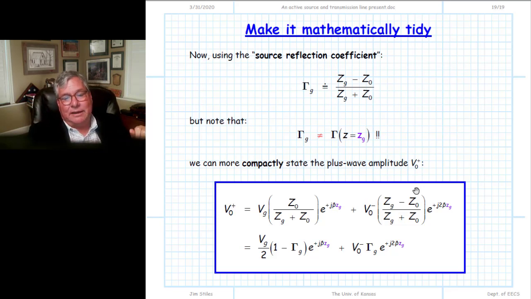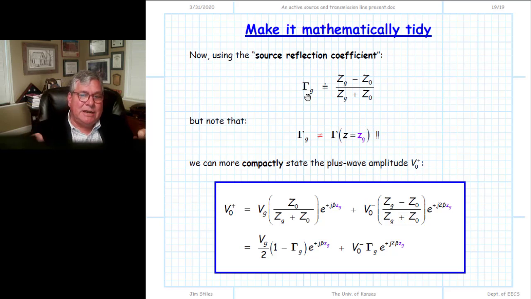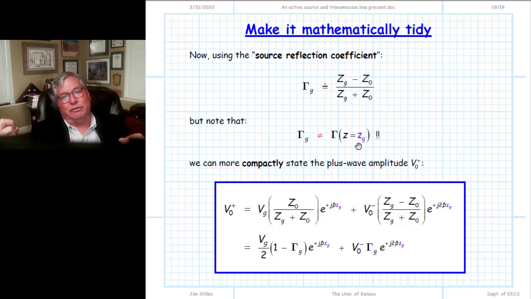Now, one last thing I want to point out. I'm always a little bit worried about defining this term in terms of gamma G. Remember, gamma G came into play when we turned off our source voltage, VG, and only then could we define or use gamma G. Once we turn our source back on, even though mathematically we can define this value in this way, it's important to note that if we evaluate the reflection coefficient at the beginning of the line, we will not get a value of gamma G. Why?